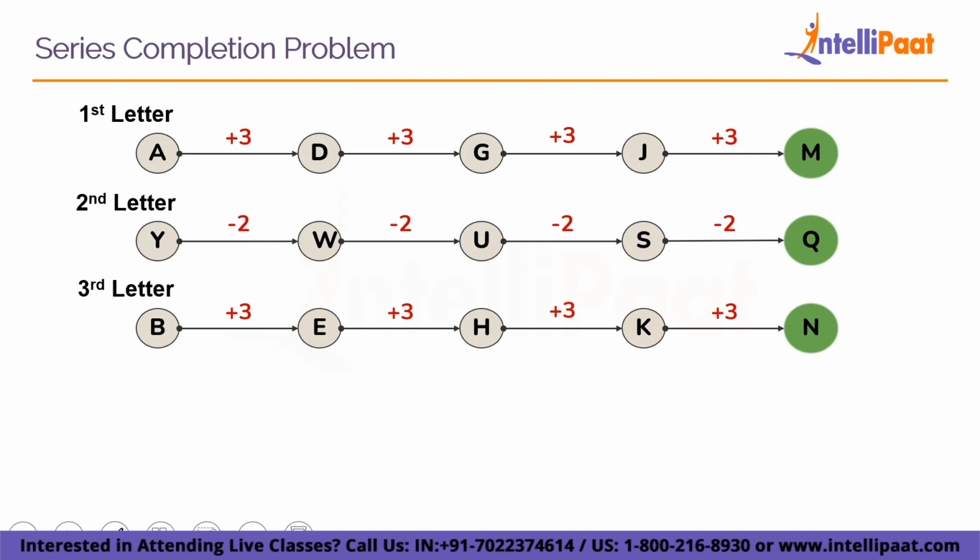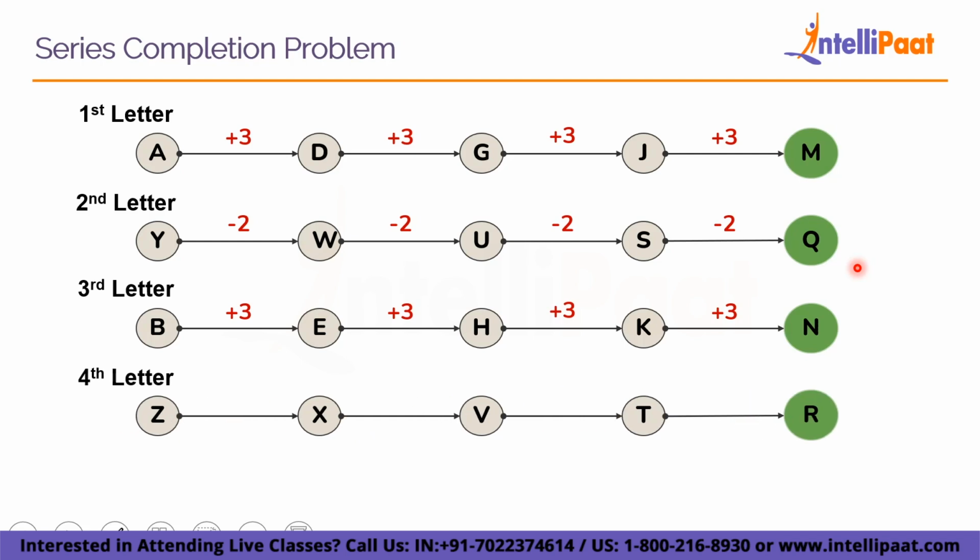We are just moving +3 from the previous letter, so B, and if you move forward by 3 letters you get E, then H, then K, and forward 3 letters from K you get N. For the fourth letter we follow a similar approach to the second letter, that is backward by 2 letters, or -2 from the previous letter.